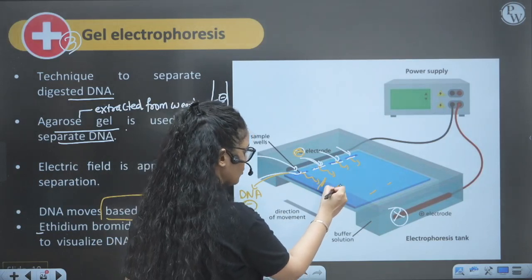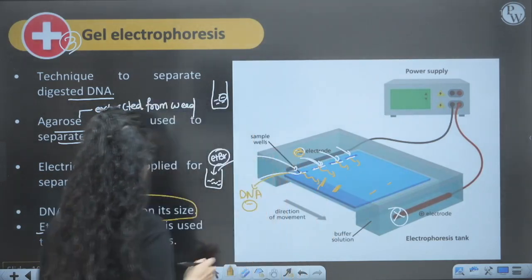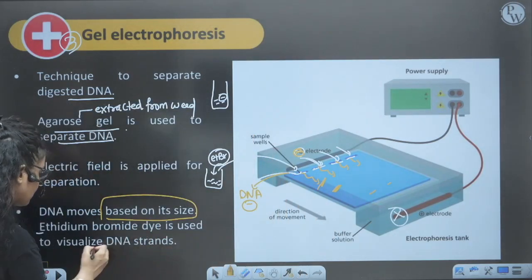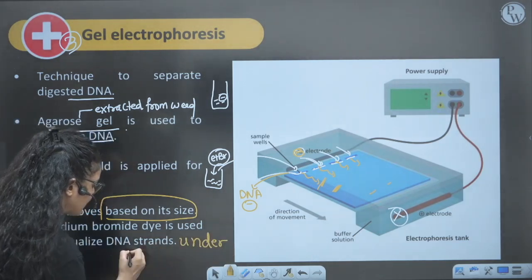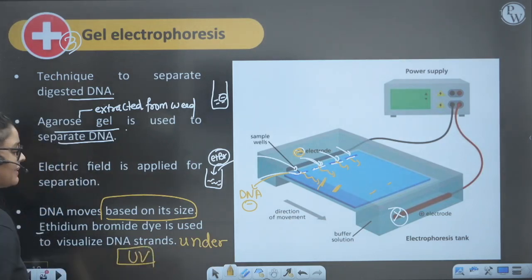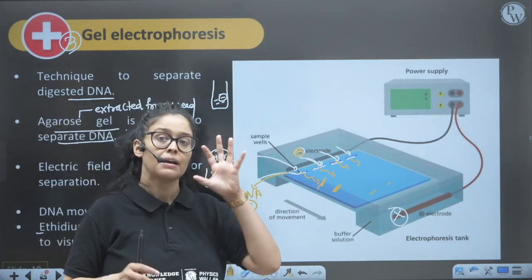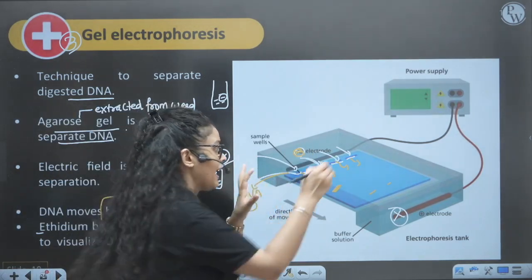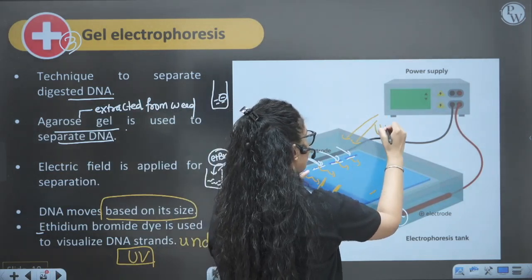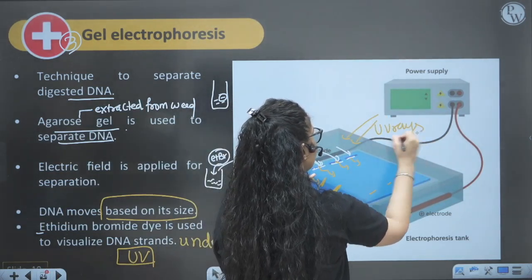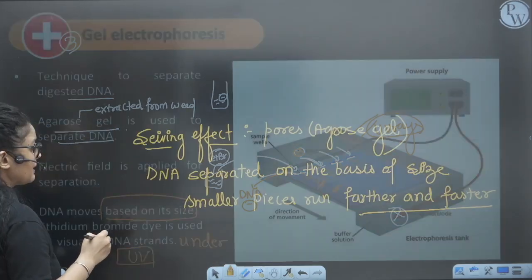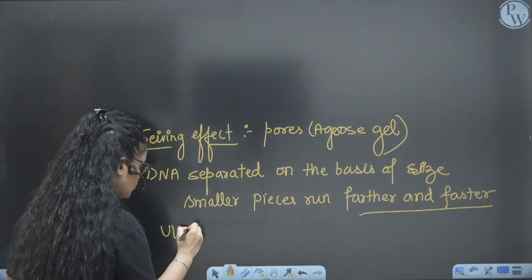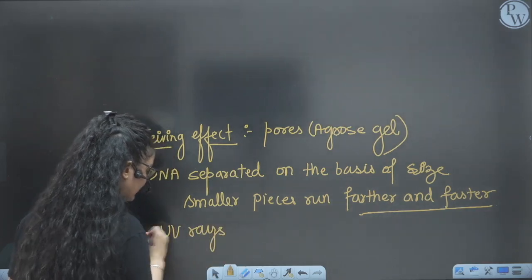Suppose this is the size of the DNA after getting separated. We visualize the DNA under UV rays. After getting separated in gel electrophoresis, we put UV rays on the gel, and on exposure to UV rays it gives an orange band, right?